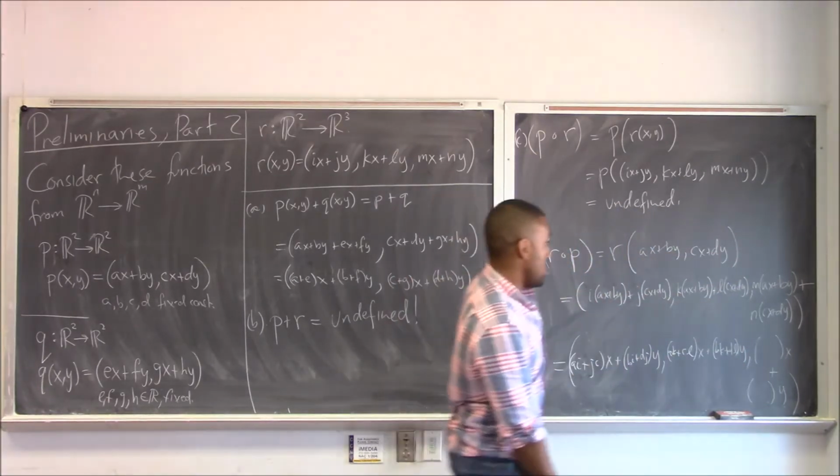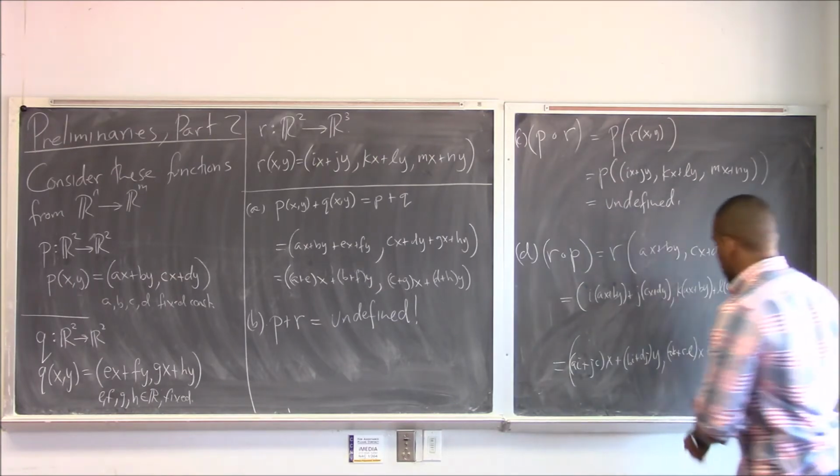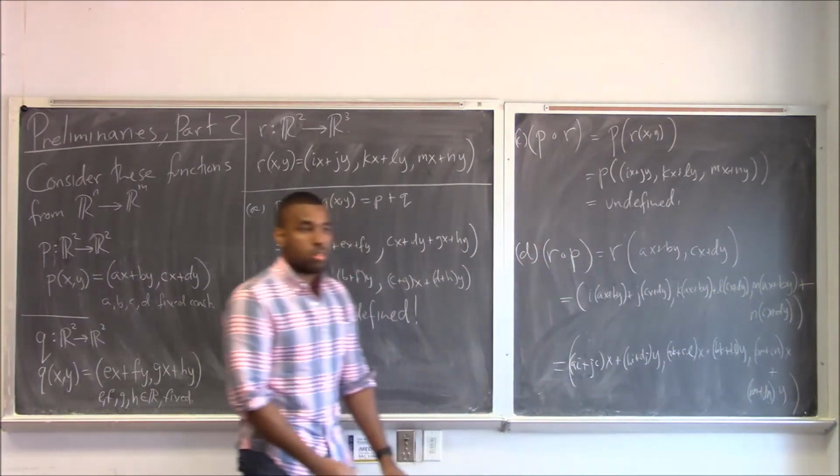And for the third, it would be ma plus nc, and this would be mb plus nd.